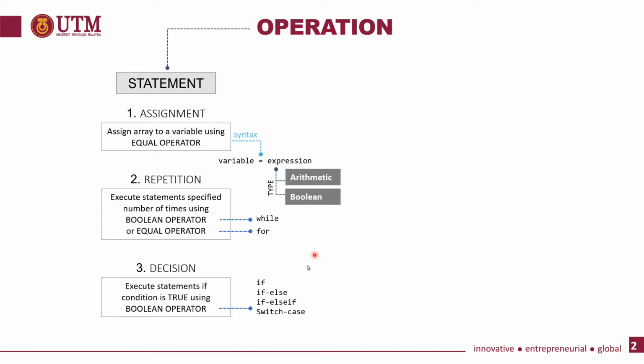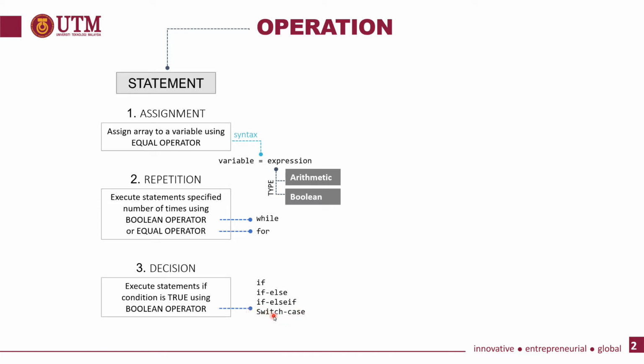Okay, and instead of the repetition, you can also conduct or execute a decision. So decision, it is used to execute statement if condition is true using Boolean operator. For example, you are using if condition, if else, if, and also switch case.